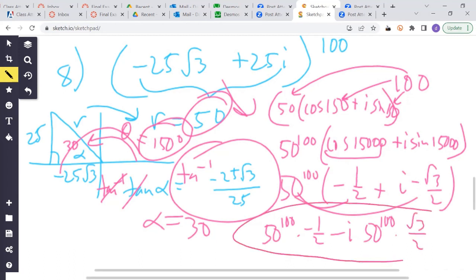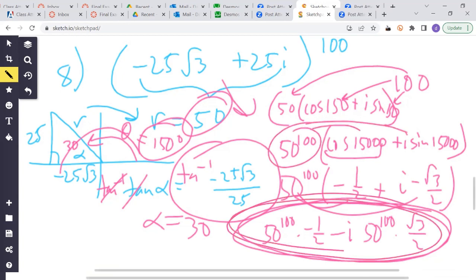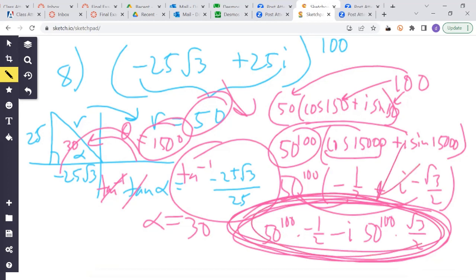So this here, that is rectangular because it doesn't have sine cosine. So on the final, if you do De Moivre's Theorem and they want rectangular, then do everything first, polar, De Moivre, but then here go calculator, and distribute this to both of the terms separately, and you can just leave it like that. And again, it'll be multiple choice, so you can see which one looks like this.